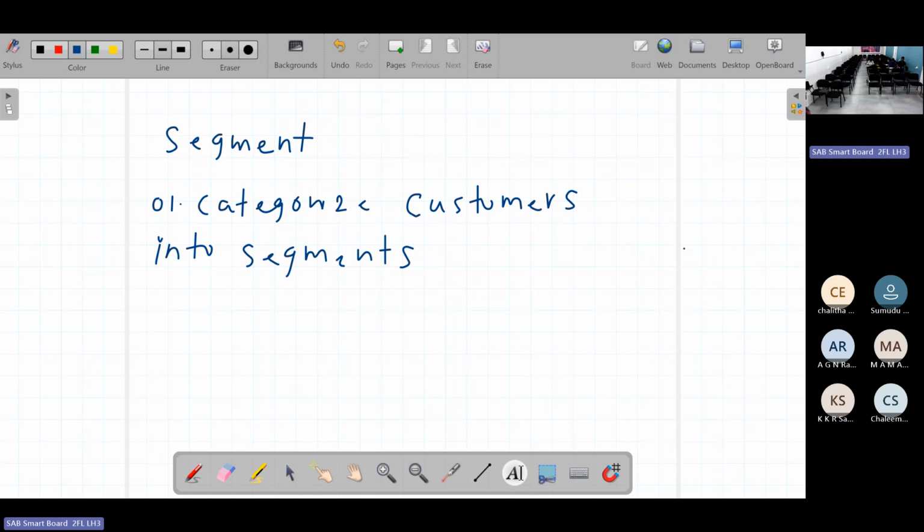Then second point you can write: organizations will be offering products to selected several segments.